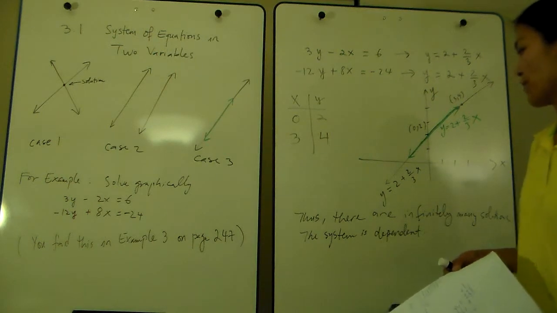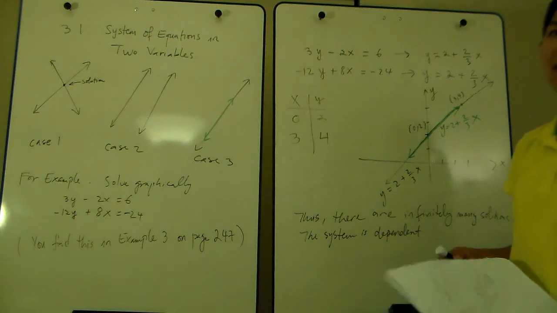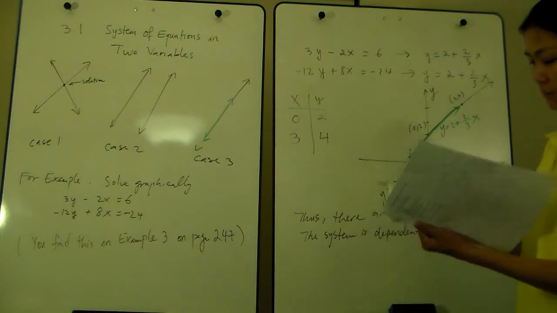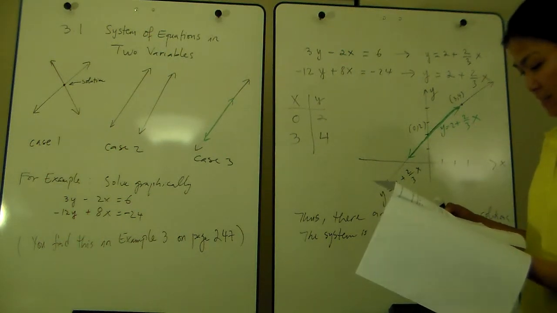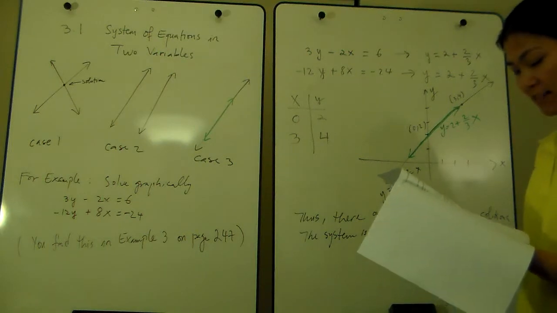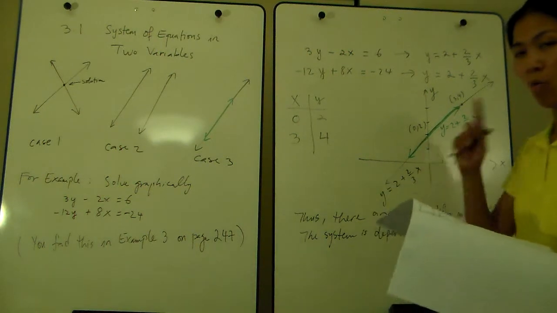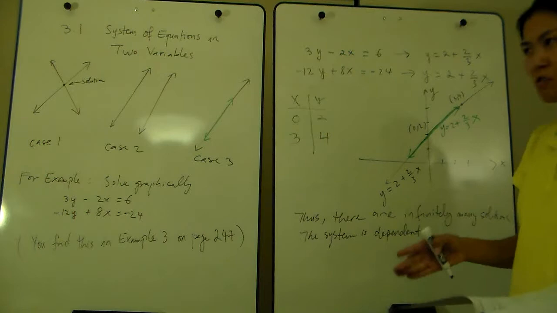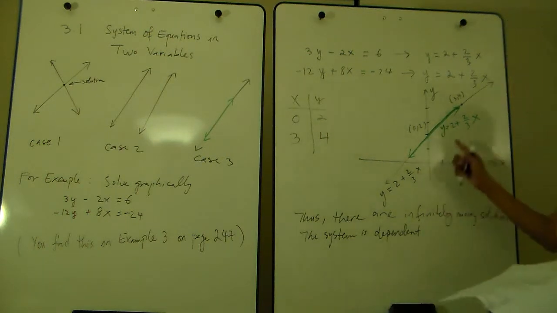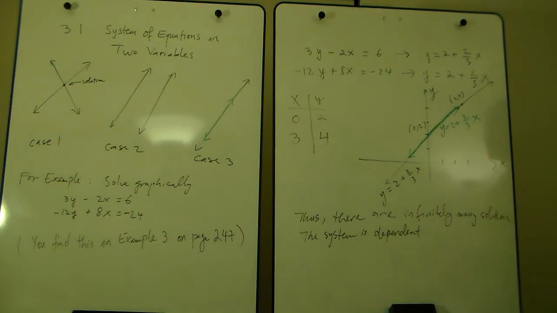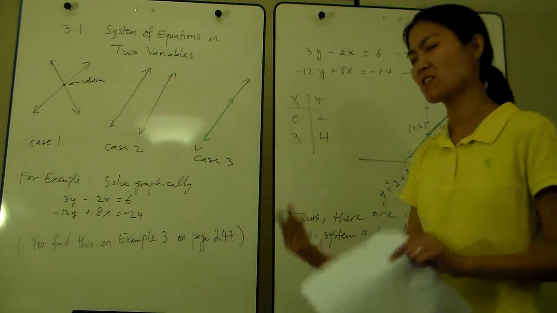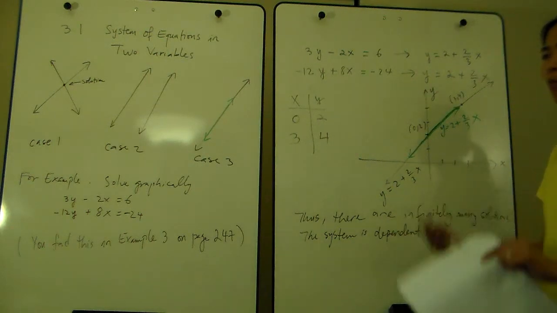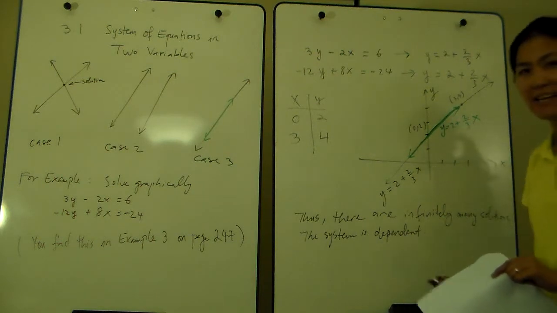What if I ask you, is the system consistent or inconsistent? Now, if you're not sure, look at the definition: if a system of equations has at least one solution, meaning one solution or more. Another way of asking about the solutions of a system is how many points the two equations intersect.